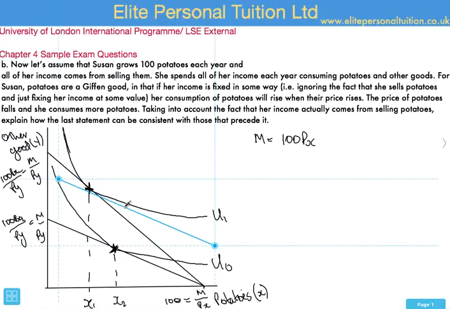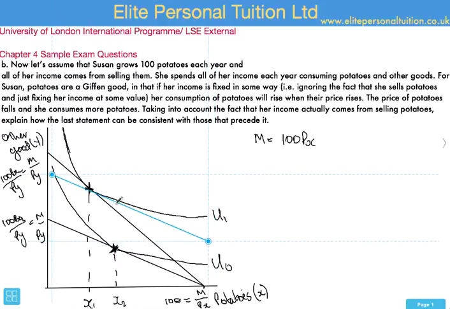Should be about there. And then we see that would be here, which would be x3.